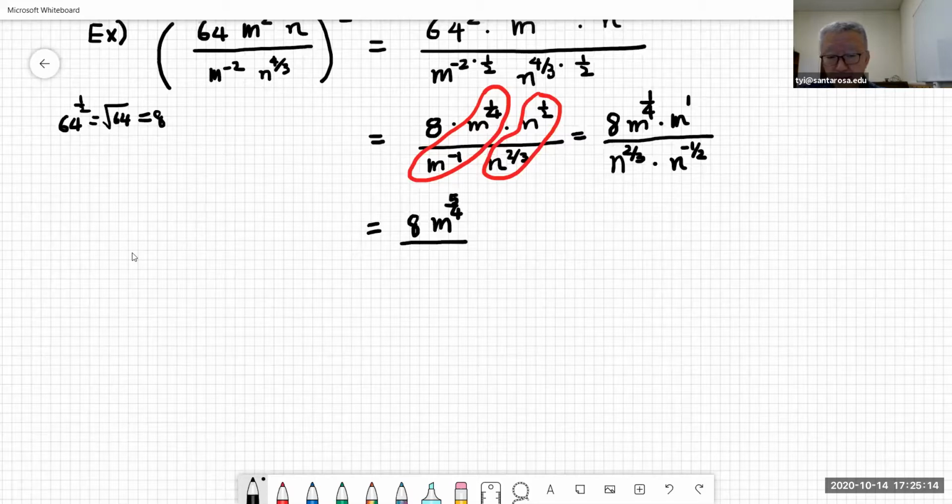So if I rewrite the n, you will have n to the 4/6 minus 3/6. Okay. So you have 8 m to the 5 over 4, and if you subtract 4 minus 3, you get 1. So you got n to the 1 over 6.